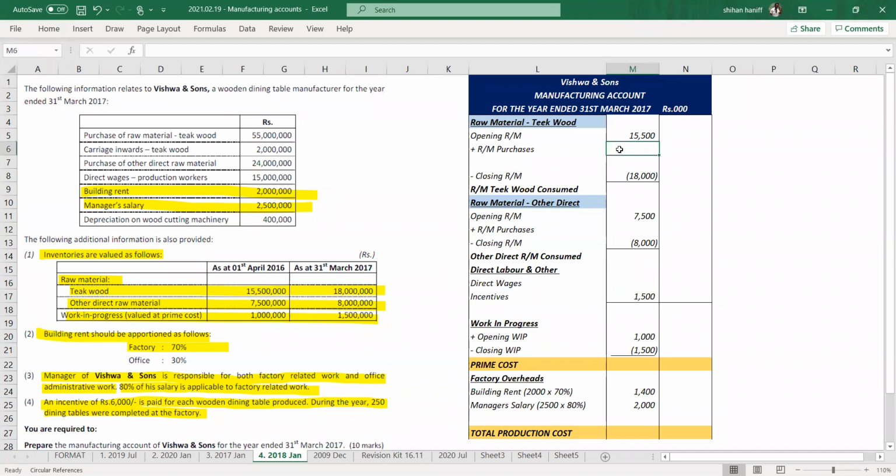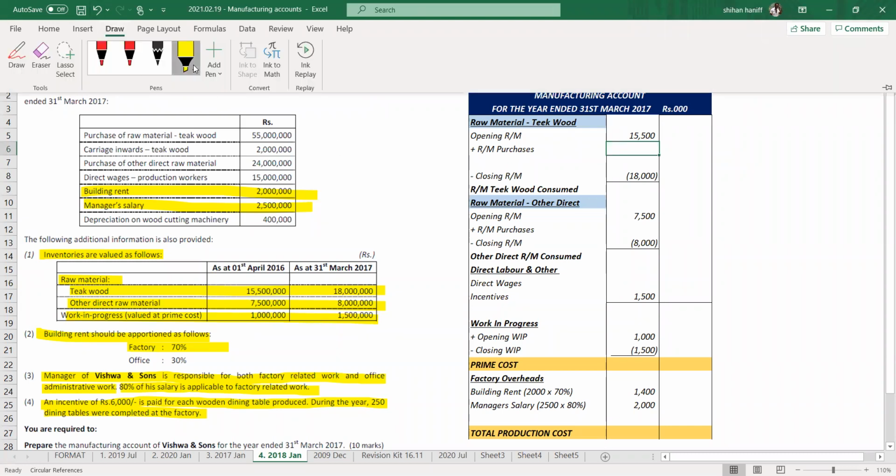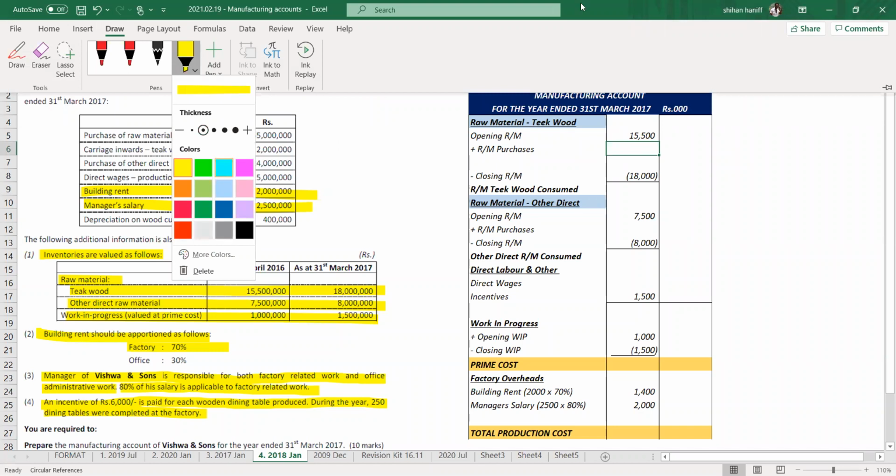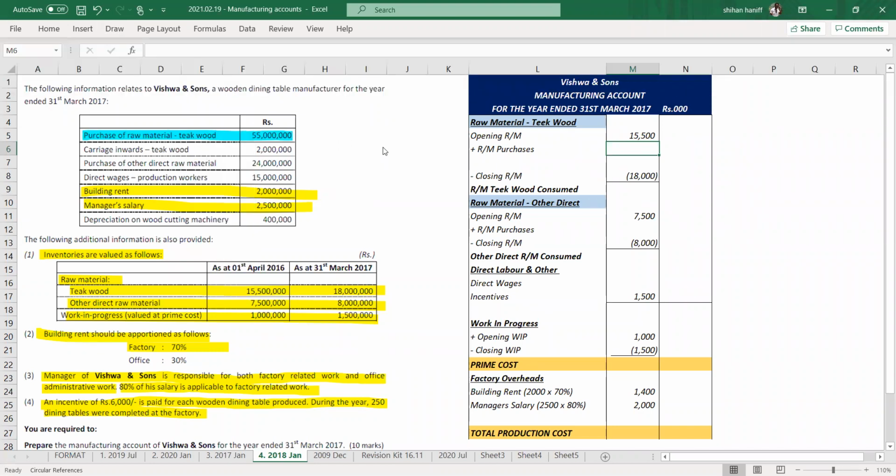I think we will record all the other amounts. Purchase of raw material, teak wood 55,000. Carriage inwards 2,014. Purchase of other direct raw material 24,000.